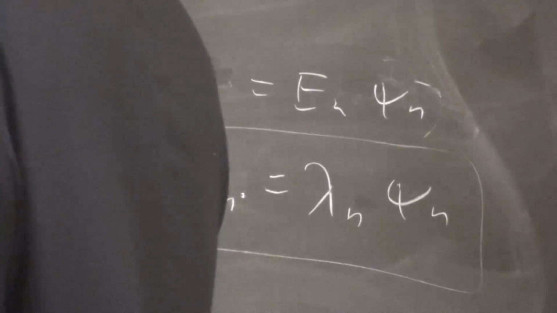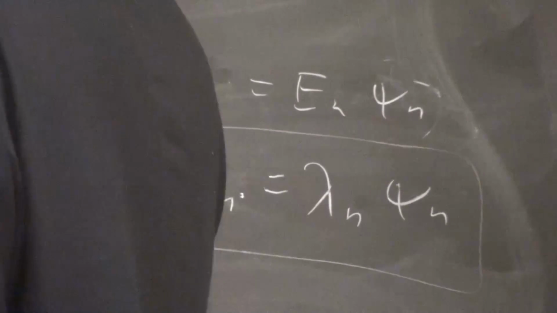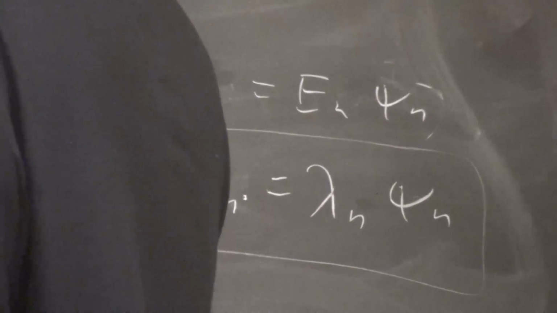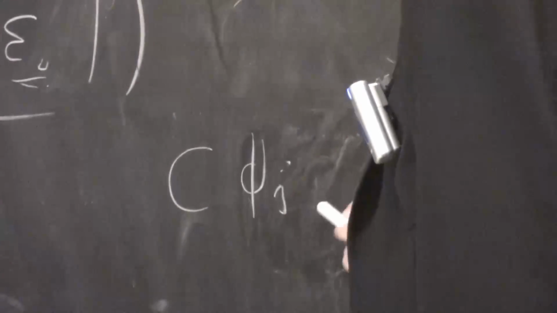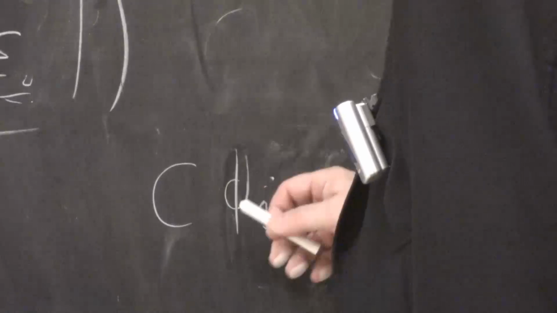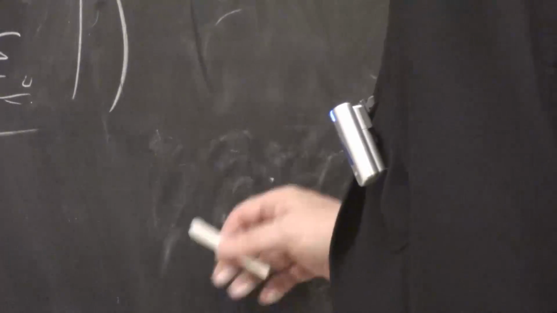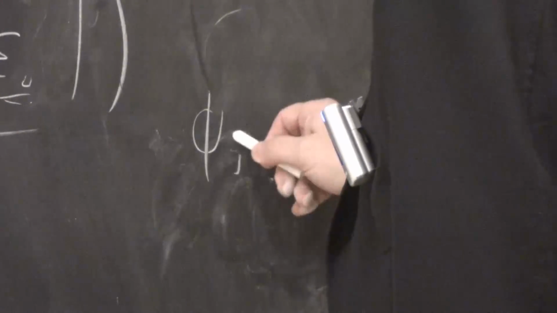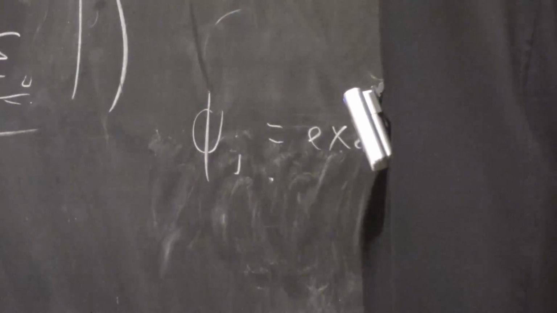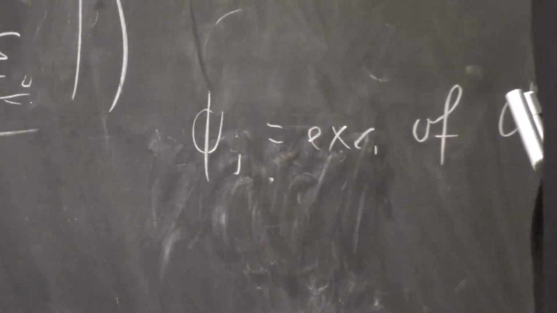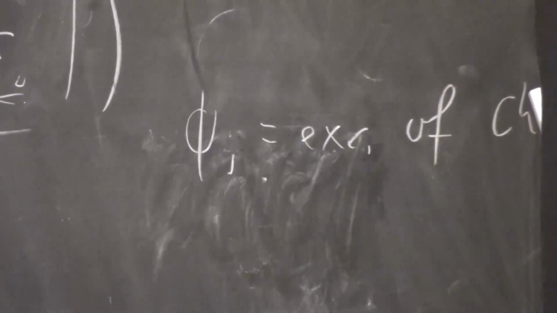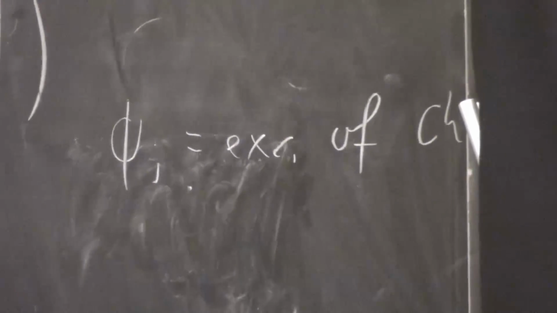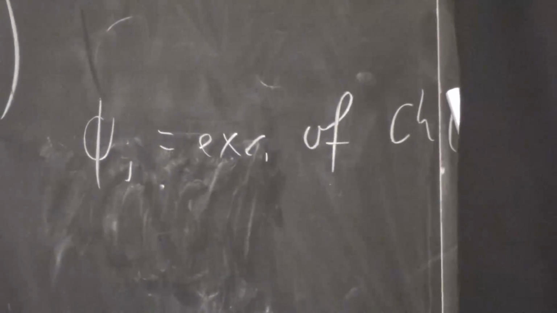Sorry, maybe I do it better like this. If I take the excitation of the j's, phi j is the excitation of chlorophyll j. So we have my ring, and here I have chlorophyll 1, and here's chlorophyll 2n, and here's chlorophyll j.